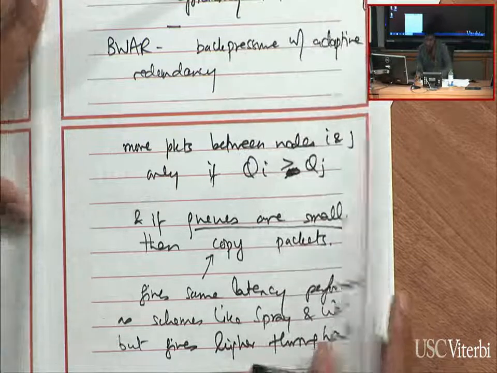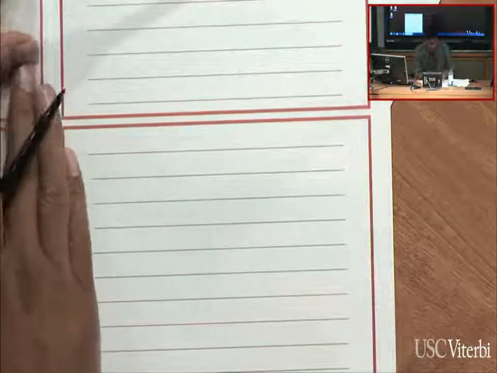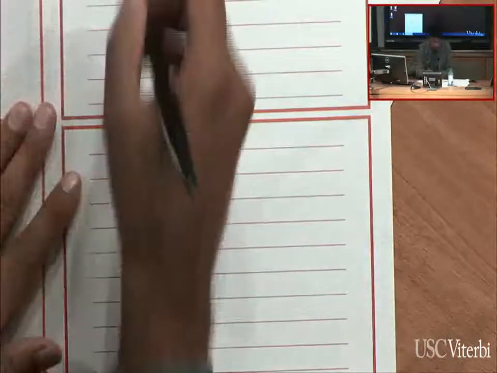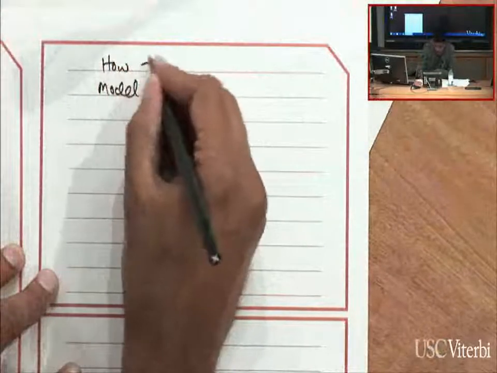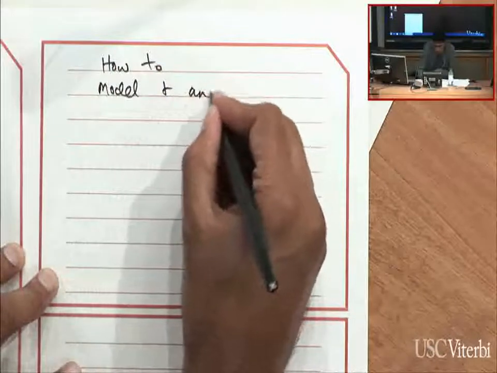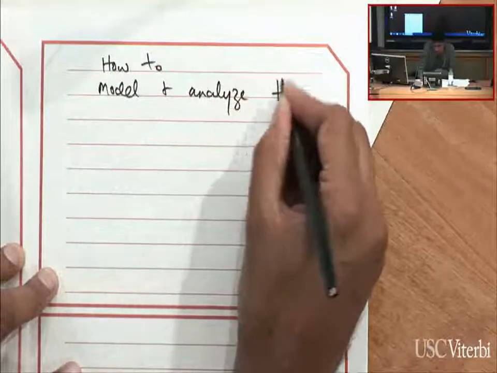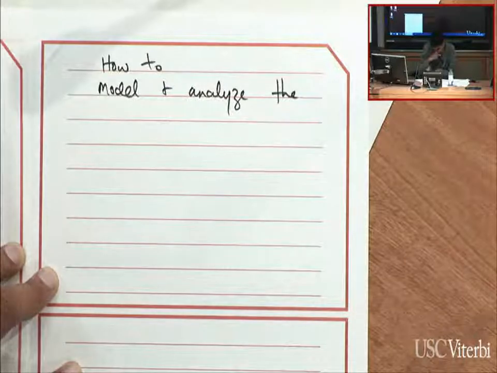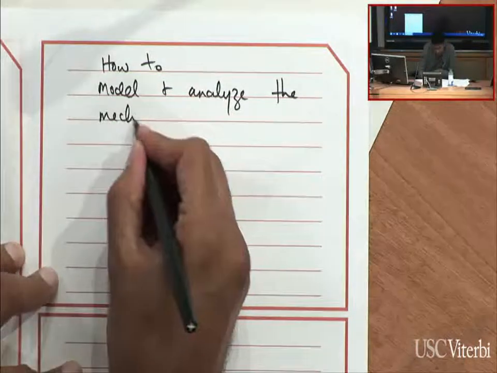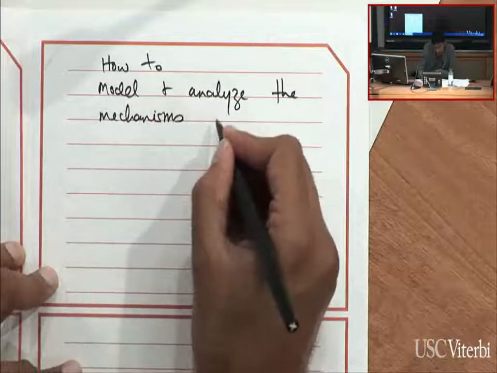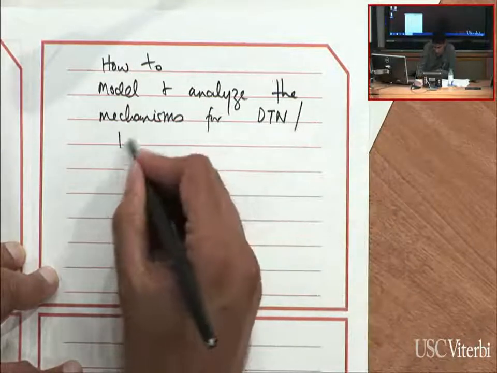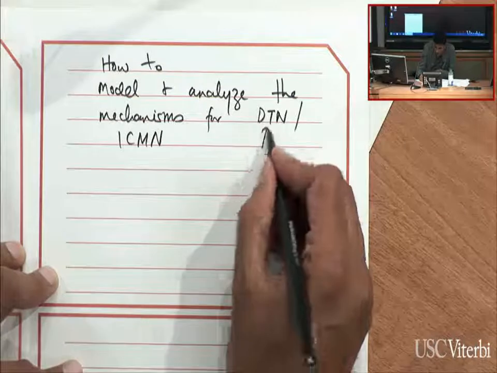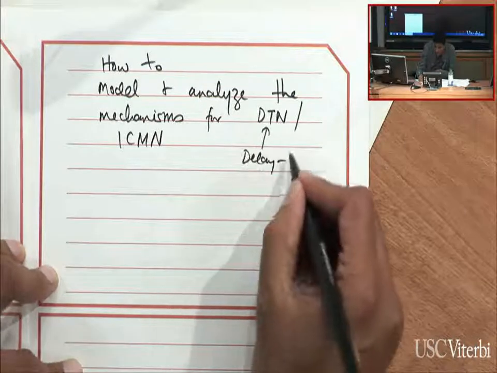So let's talk a little bit about how to model and analyze mechanisms for delay-tolerant networks or intermittently connected mobile networks. DTN stands for delay-tolerant networks.